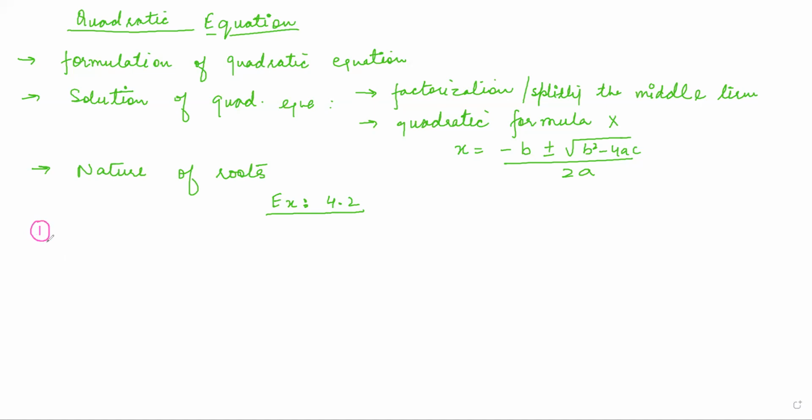Now first, find the roots of the following quadratic equation by factorization, right? So x square minus 3x minus 10 is equal to 0. Okay. Now how do we do it? So you all know, but anyway, the coefficient is 1. So you multiply 1 with the last term, 10. Okay. So you have 10, then you have to prime factorize it.